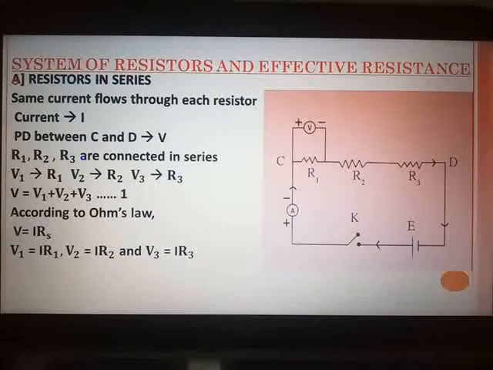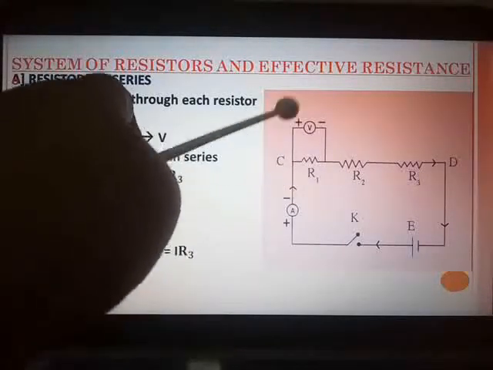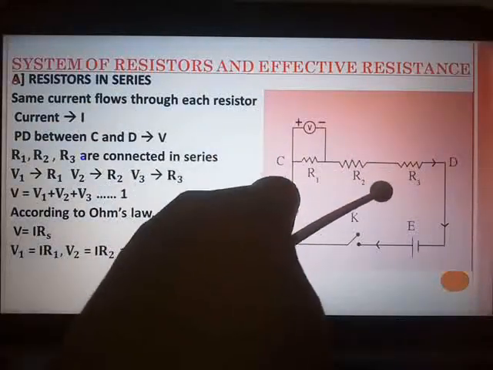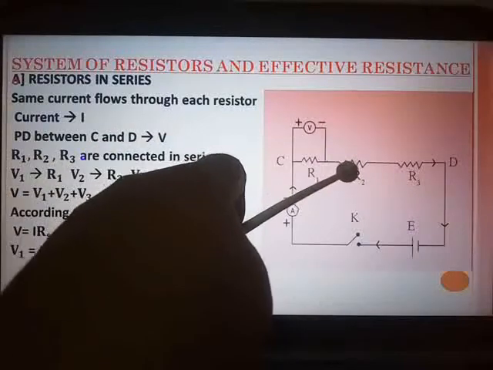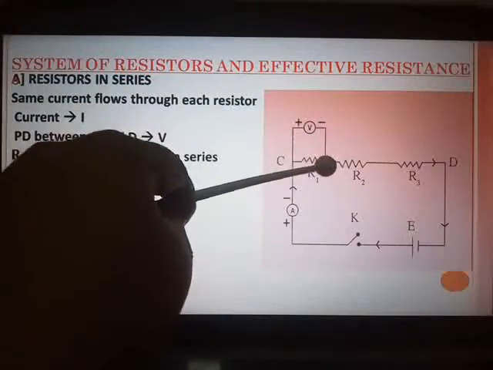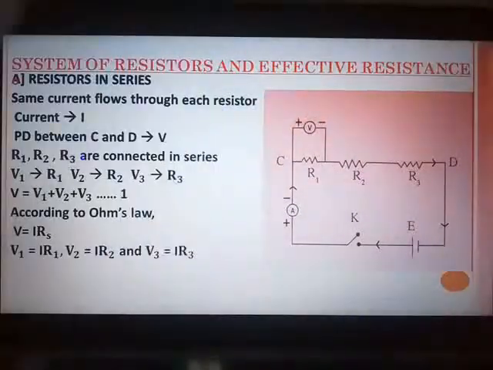So our first is the system of resistors which are connected in a series combination. Now what is a series combination? You can see in this given circuit diagram, the ends of the three resistors R1, R2 and R3 are connected so that they follow one after the other in a single line.